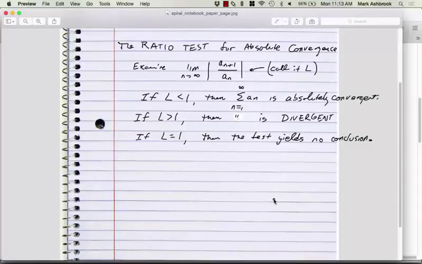Okay, so example. Negative 3 to the n over n cubed.